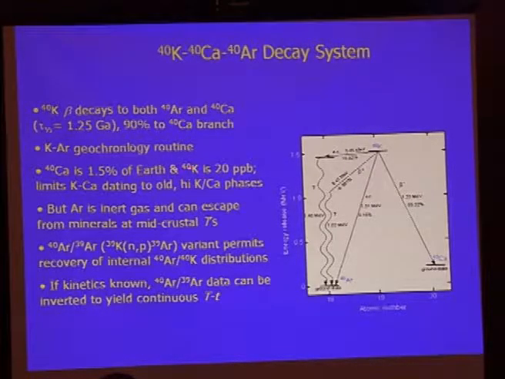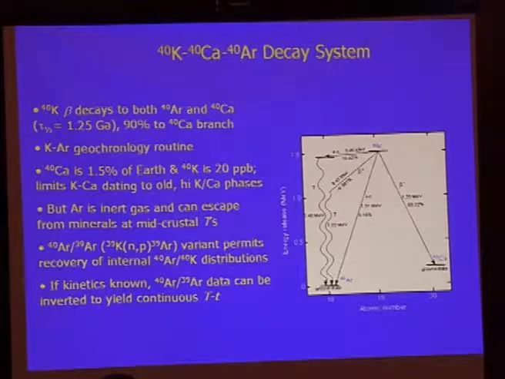Potassium 40 is only 20 parts per billion, so there isn't a whole lot of parent relative to this. We're living in this sea of calcium-40. So the reason you haven't heard of this technique before probably is it's really restricted to very old high potassium calcium phases. But in fact, it's making a comeback for reasons you'll see in a bit.